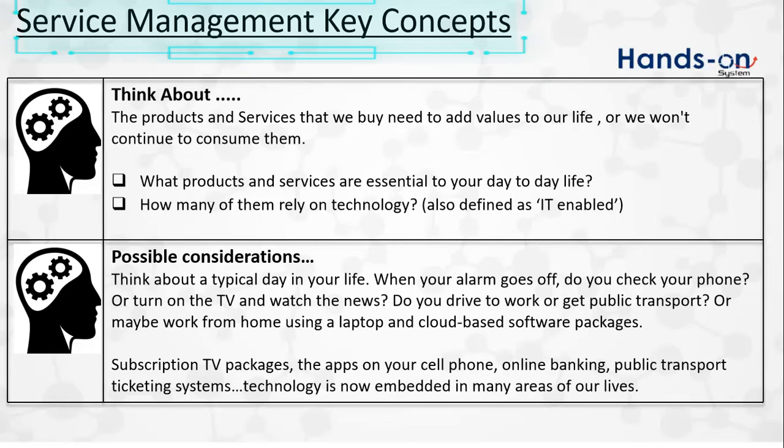With my current need, if I need a car with a Bluetooth system and automated airbags, definitely there is technology behind that, and most of it is IT enabled. You might have heard about the new car which is MG, which we call an internet-based car. So that's how we are changing, or enhancing, with our technology, and that's how we also enhance our service management. What should be the possible considerations?